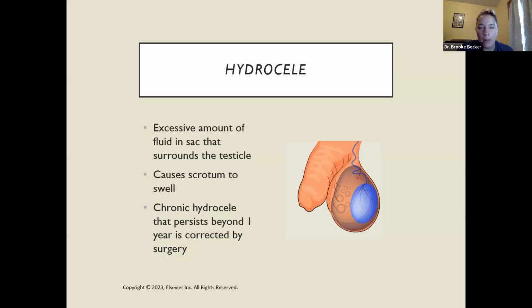You can usually notice that one side of the scrotal sac and testicle appears to be a lot larger than the other side. And when you feel that area, it feels very fluid, like it doesn't feel hard or venous feeling. Okay.